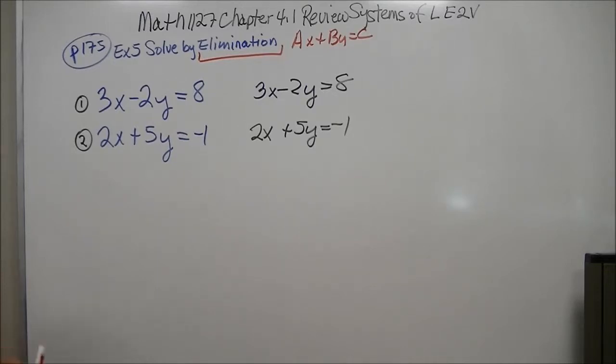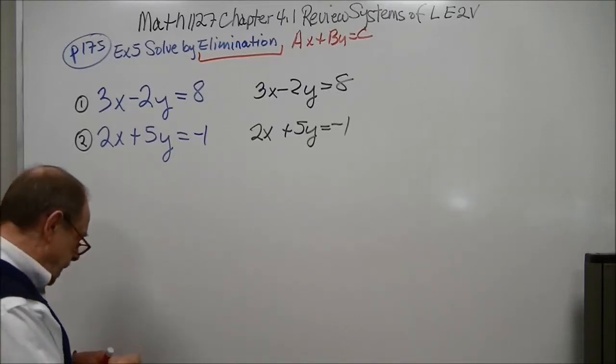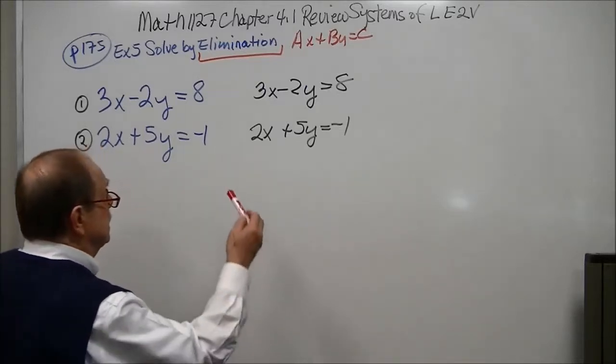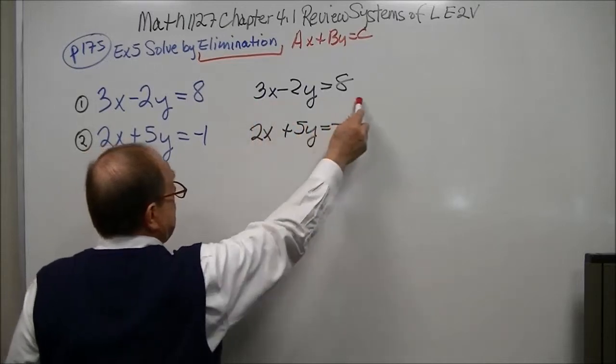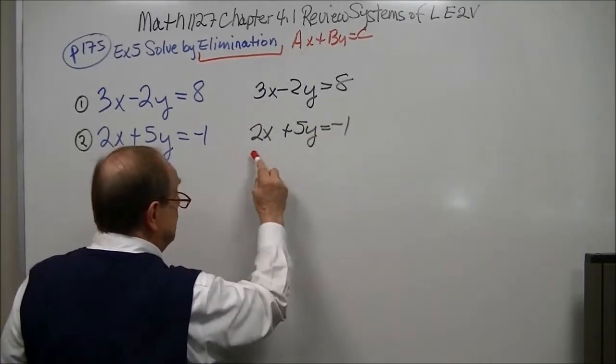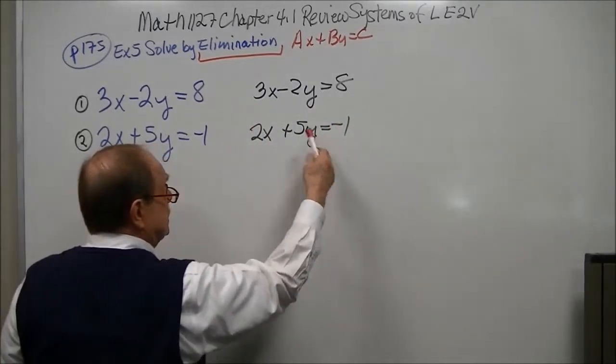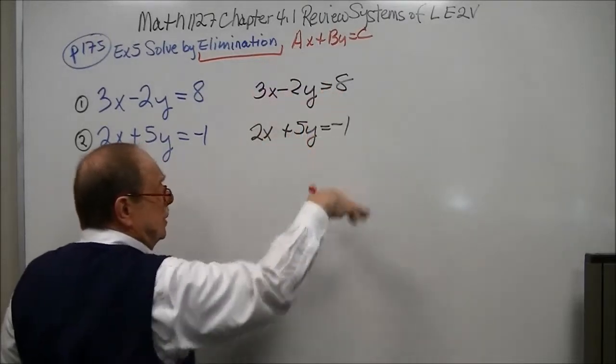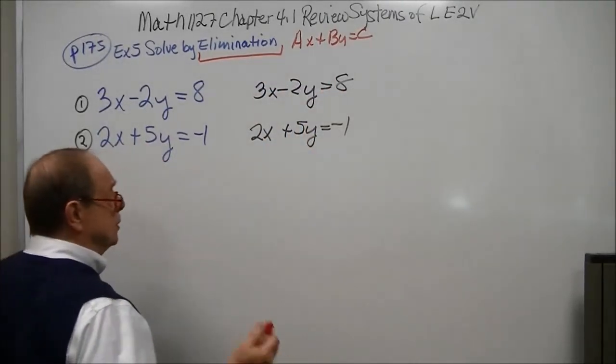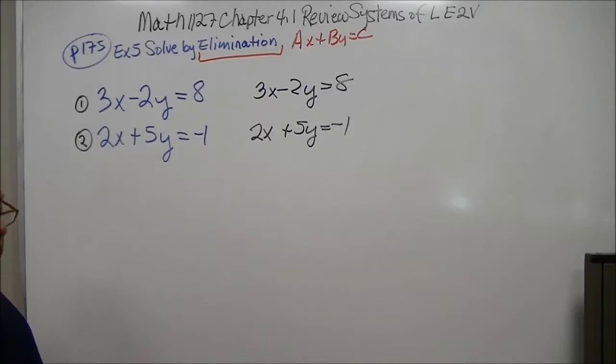So the first part of this involves a little bit of creative thought. And you might say, well, what can I do to, let's say, this equation and possibly this equation, so that when I add them together, something's going to cancel out?